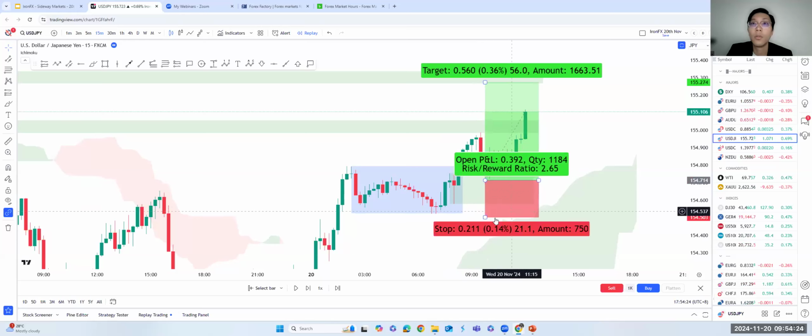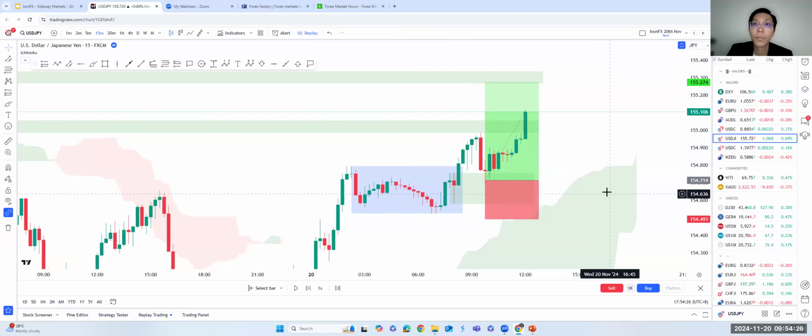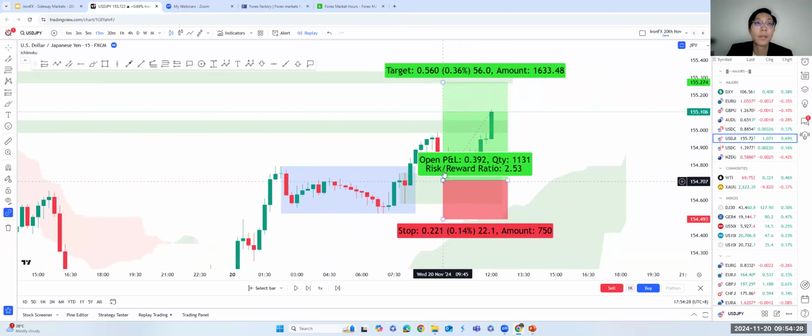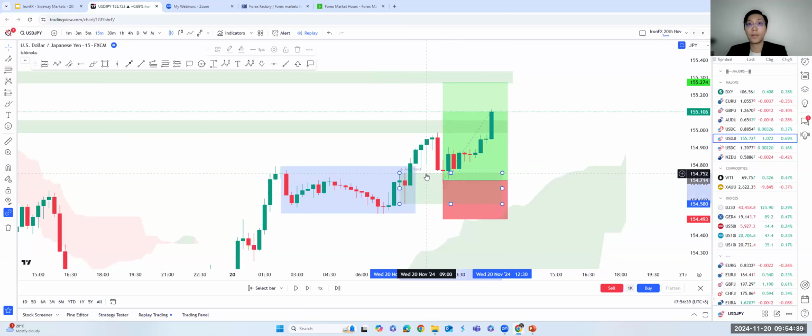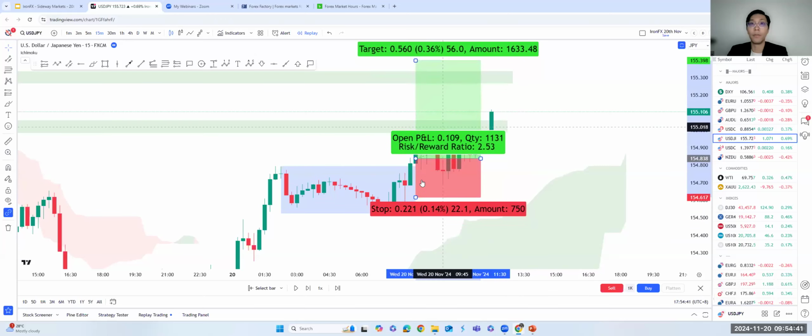Then you have your stops right outside. So sometimes it misses, but these are, I would say, A plus setups compared to if you just enter after the candle closure. Let's say you don't have all this, you just enter here.